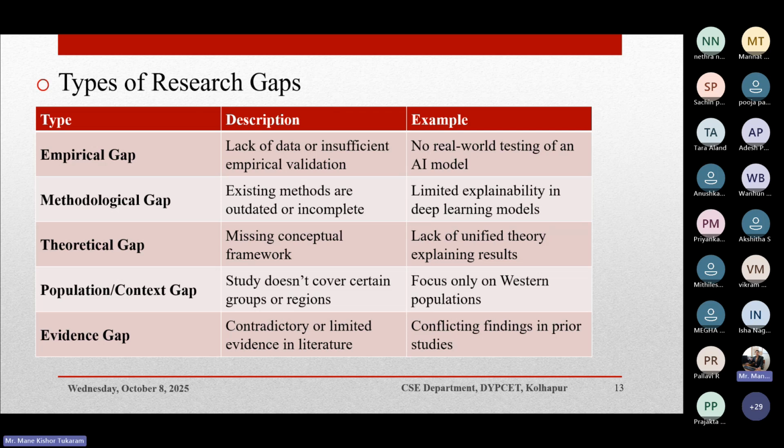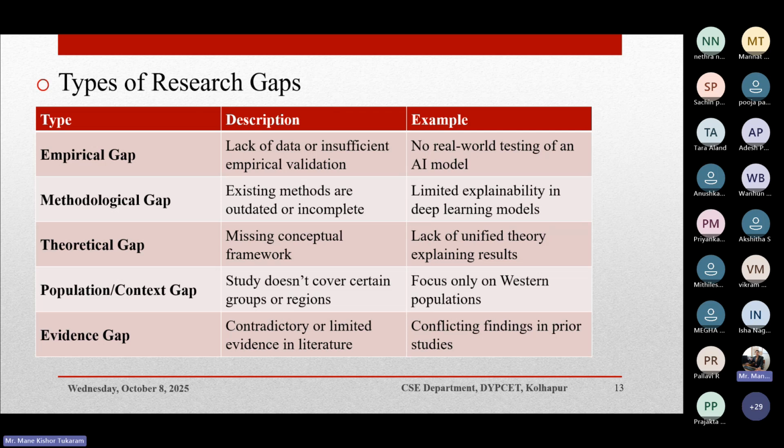So here, evidence gaps are nothing but the contradictory or limited evidence in the literature. So whatever contradictions we can find, we can provide the evidence to that, so that we can prove that whatever theory is proposed over there is wrong.